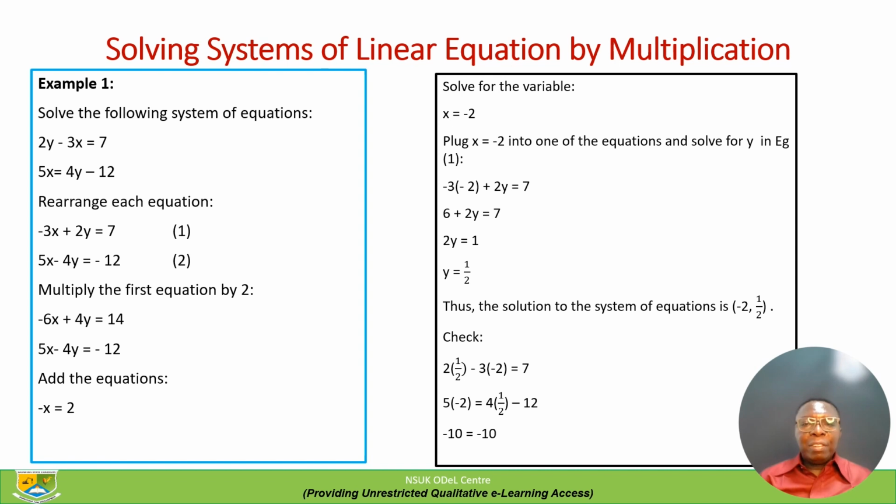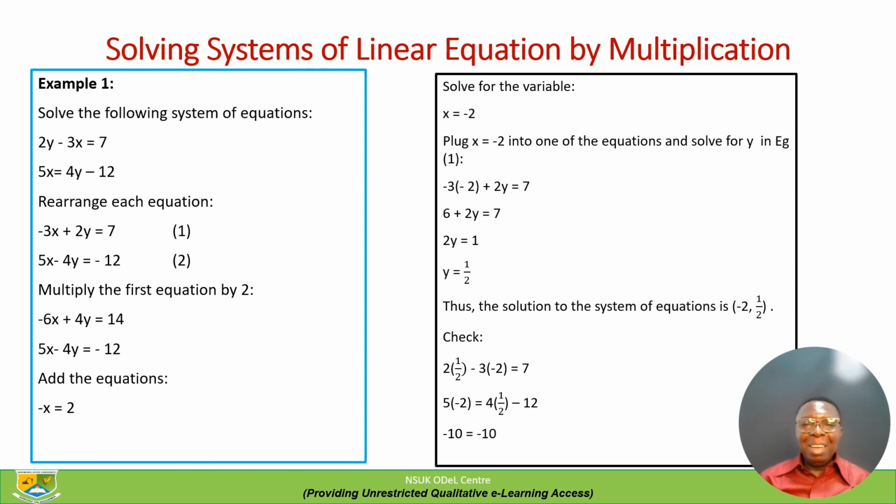So we are saying 6 plus 2y is equal to 7, and 2y is equal to 1. Therefore, y is equal to 1 over 2. Thus, the solution to this system of equations is minus 2, 1 over 2.